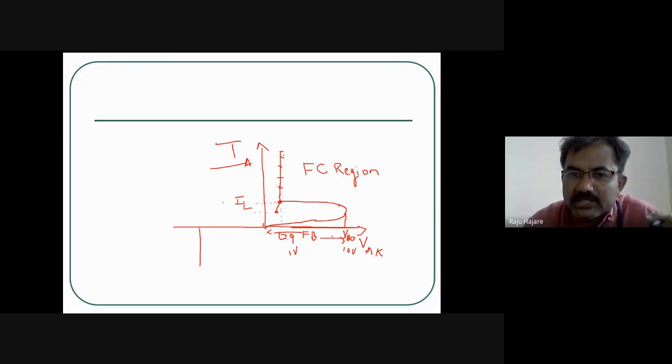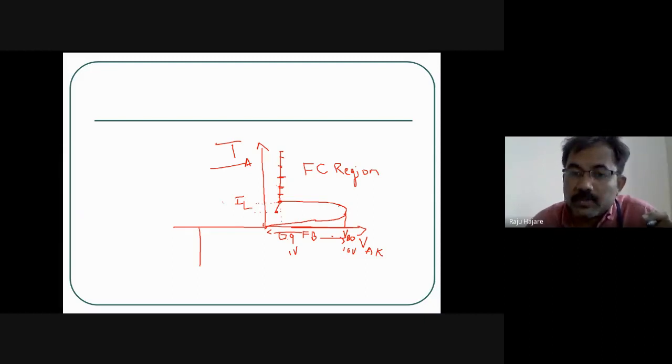Once you see the conduction, we'll see the turnoff process. Now you are decreasing VAK, your current also starts falling like this. It may come here by just changing the voltage by 2 volts. Again, if you change 2 volts, the current may come to this, and at one value of VAK, the current will reach the latching current.